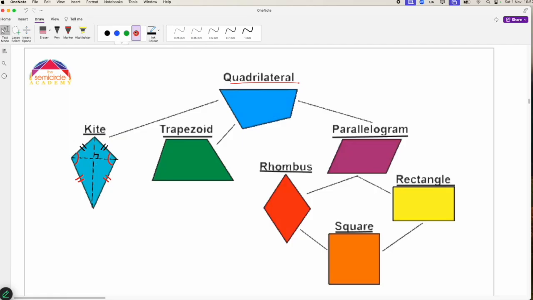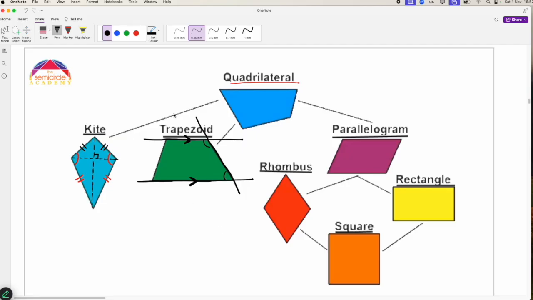A trapezoid will just take many shapes and forms, but generally you have these 2 sides being parallel. Now check this out. If these 2 sides are parallel, well, that means that this is a transversal, which means that these 2 angles are going to be supplementary.